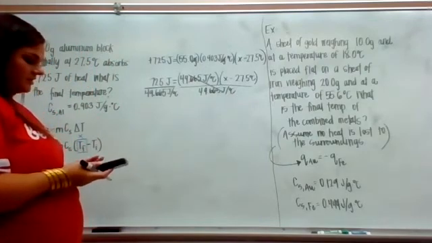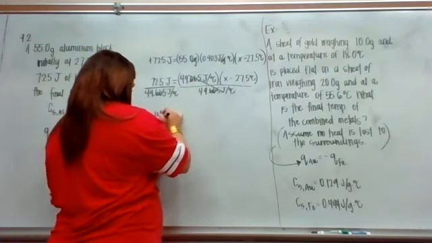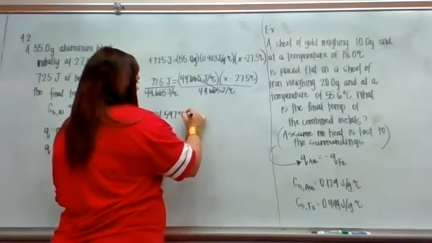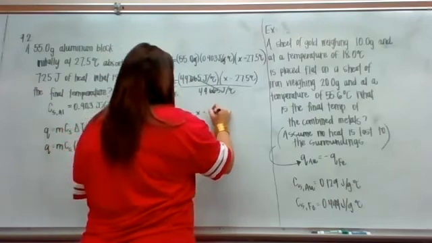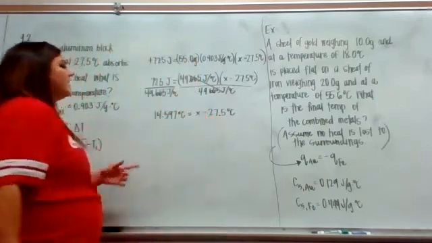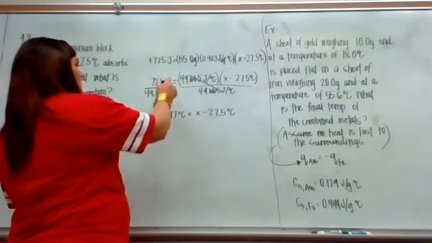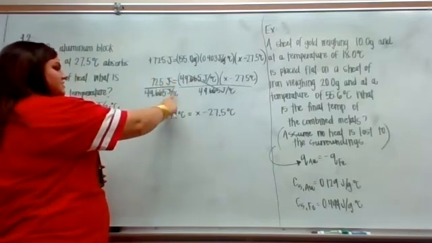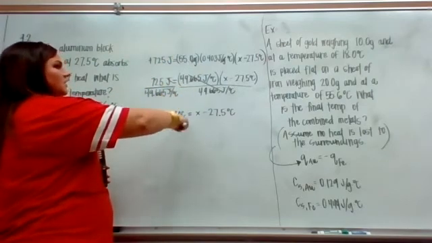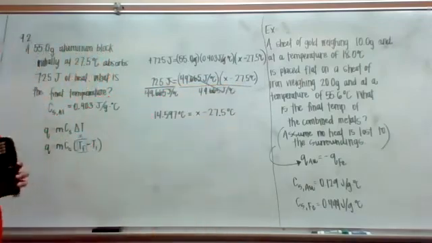I'm going to do that. I get 14.597 degrees Celsius. These two joules cancel, and because this degrees C is in the bottom of the bottom, it moves to the top. And then all I have left over here is X minus 27.5 degrees Celsius.